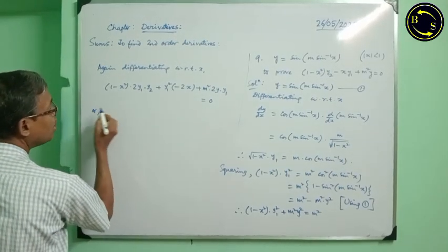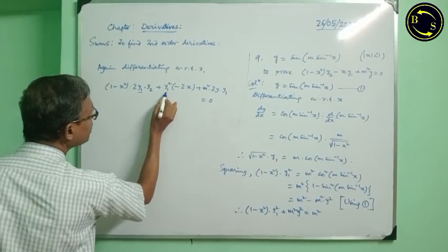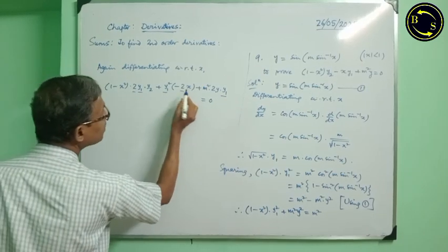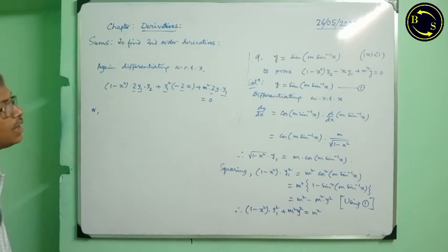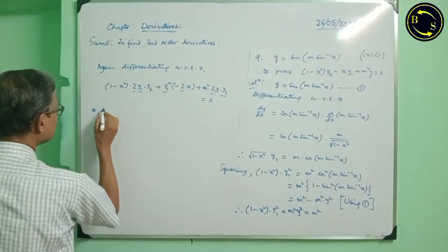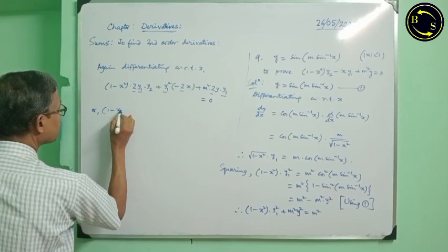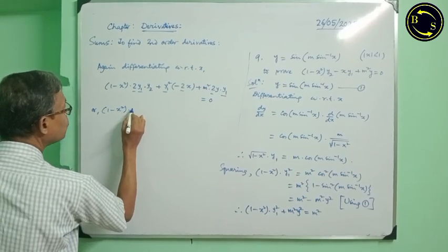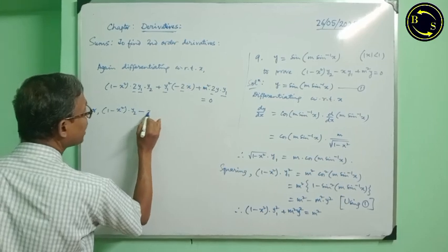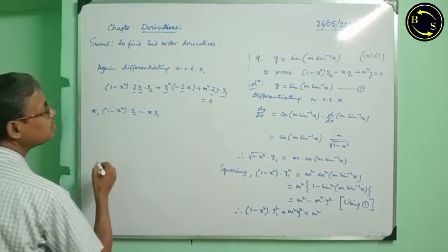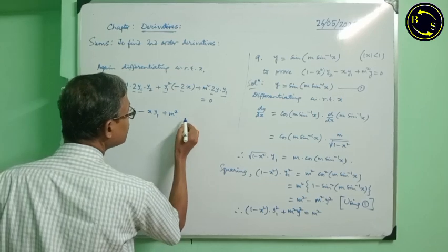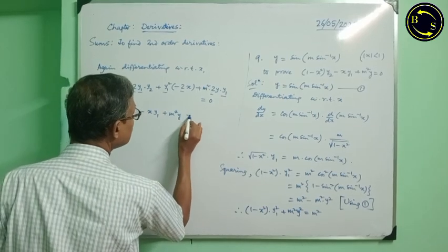Now y1 is a common factor, 2 is also a common factor. We divide by 2 y1, then we get (1 minus x square) y2 minus x y1 plus m square y is equal to 0.